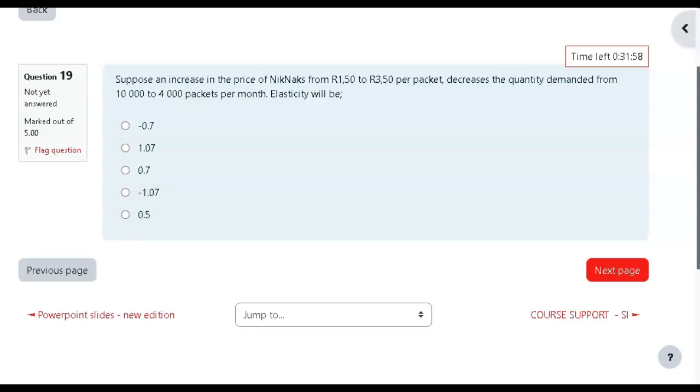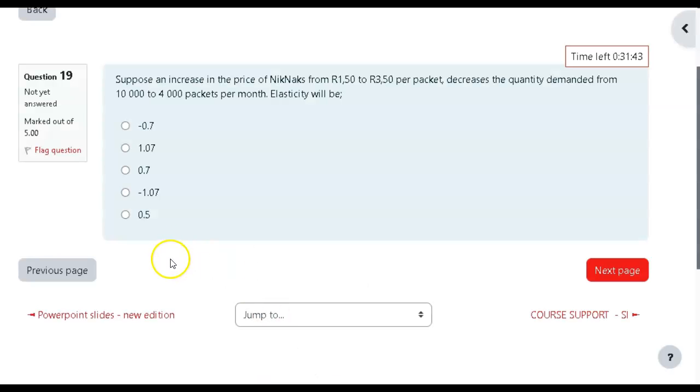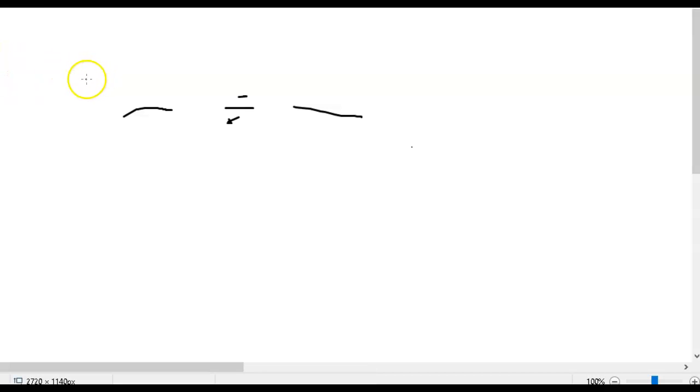What I want you to do is create two fractions and divide one by the other. So create a fraction there, and you basically do a division sign. I told you the change in quantity is minus 6,000, so put minus 6,000 over here.